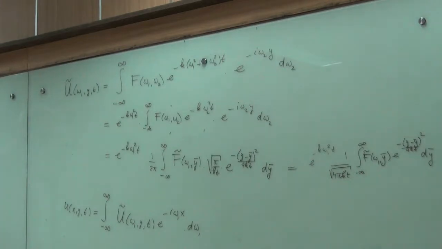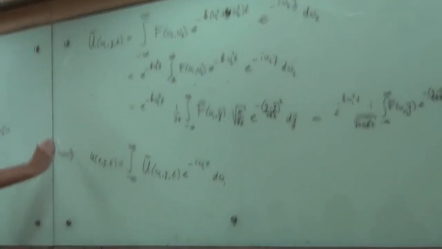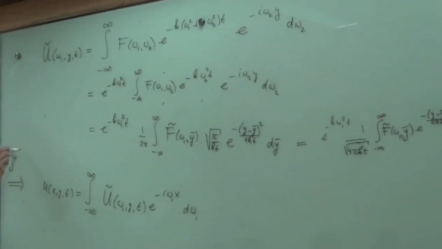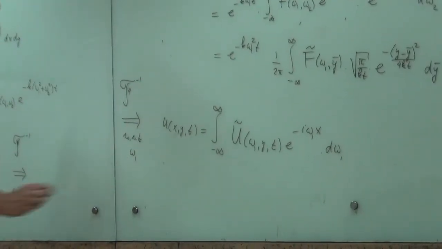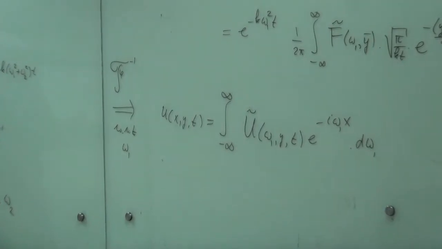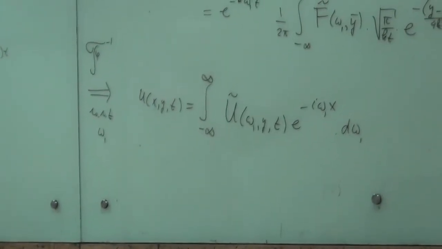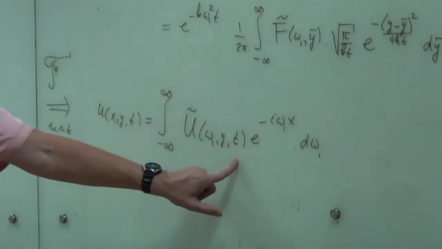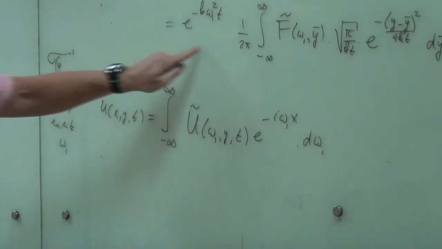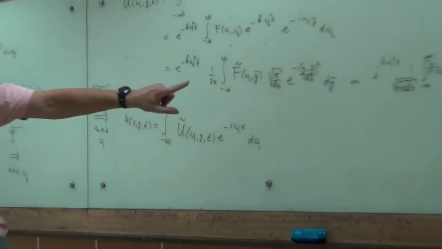I have to compute this integral, the inverse. I have to go back from my omega 1 variable to my variable x. So I have to compute this integral, where u tilde is given by this formula, or actually that formula over there.